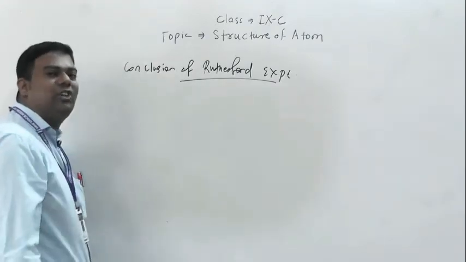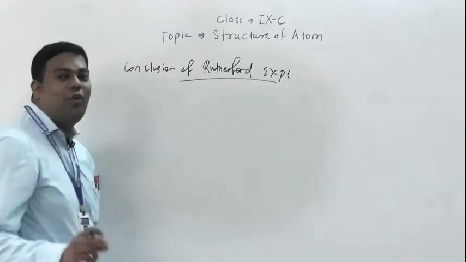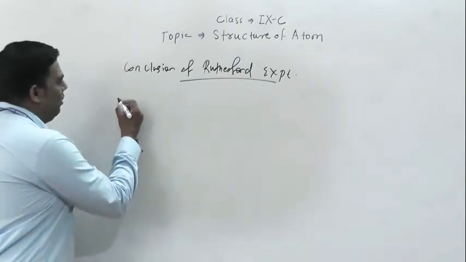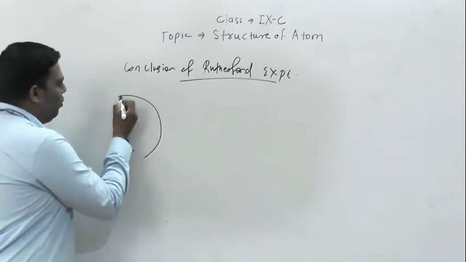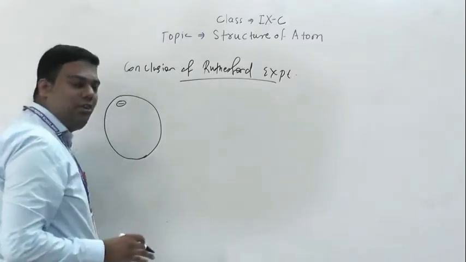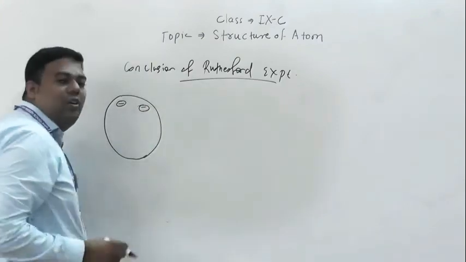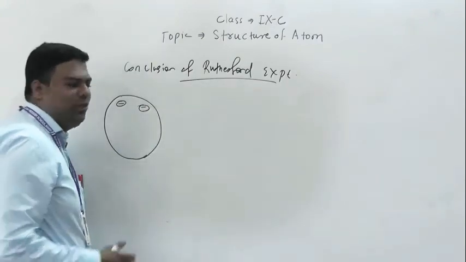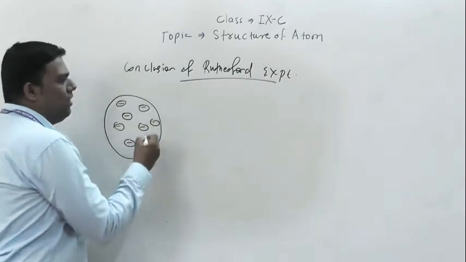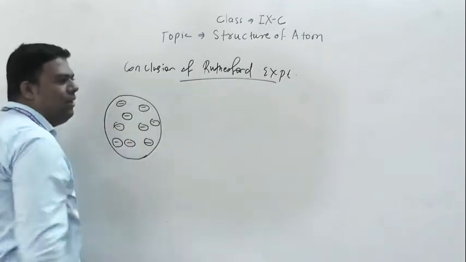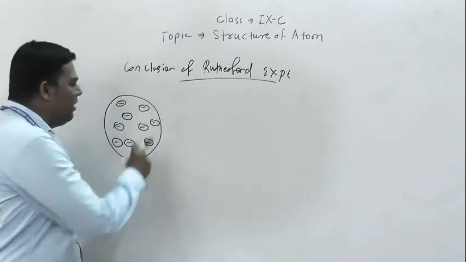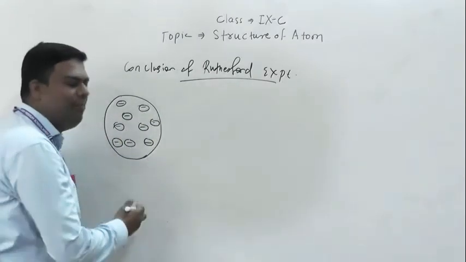As we saw Thomson, now we are comparing Thomson with Rutherford. Thomson said the atom has an equal amount of positive charge with small negative charges. It is a sphere of positive charge in which small negative charges are embedded.